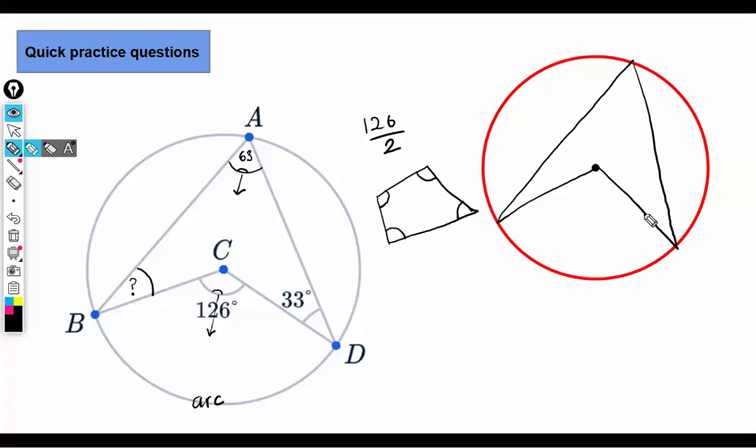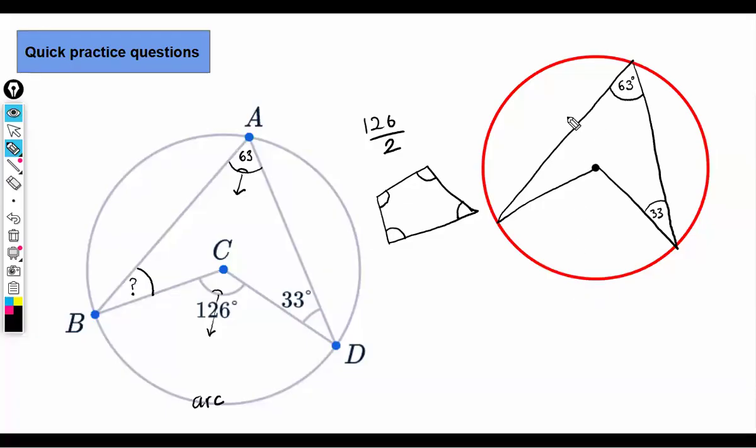And I think you all can agree. We know here's 33. That was given in the question. We just used rule 2 to figure out here is 63, because the one at the circumference is the smaller one, half as small. But do you all see a four-sided figure anywhere in this question?